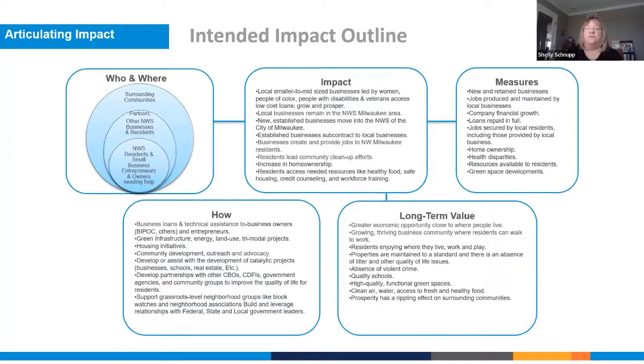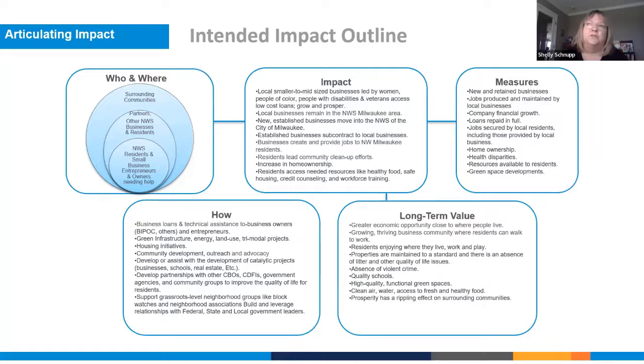The who and where section we've found over and over again is especially important for organizations struggling to define their primary beneficiaries. You'll notice that it allows for different levels of beneficiaries, and it encourages the organization to identify those who we believe benefit, and to zero in on the core beneficiaries.